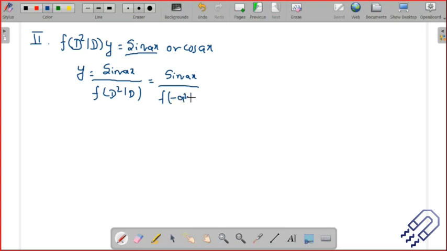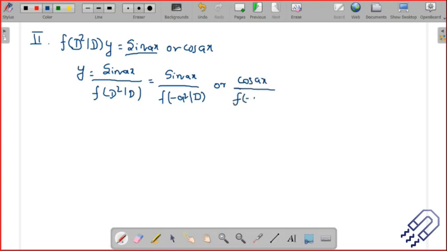Minus a square, minus is also important. And d, we are not going to do anything with d, we are going to leave d as it is. This happens only when we are considering a sine or a cos function. So if it is a cos function, it will be nothing but cos of ax, same thing.